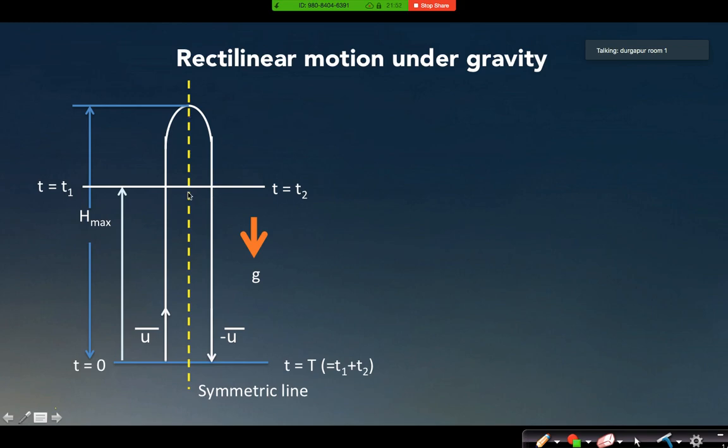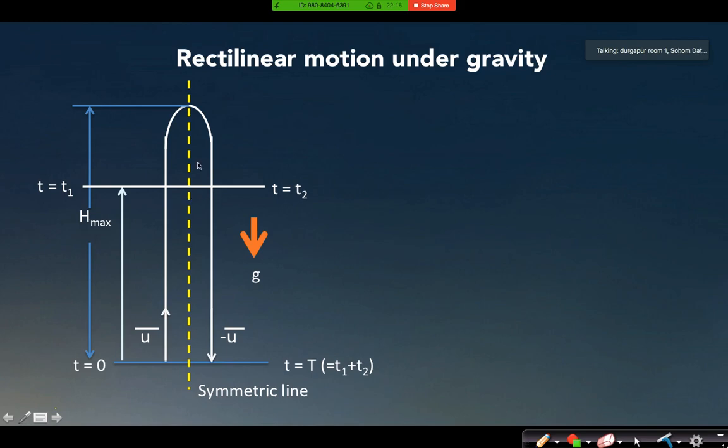Any particle that you throw crosses a particular height twice. So suppose from the initial position it takes t1 time to cross the height the first time, and in its downward motion it takes t2 time to cross the same height. Right? So can you tell me what is the total time of flight of the particle?